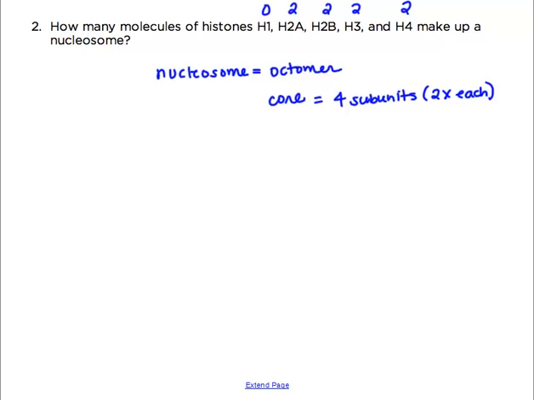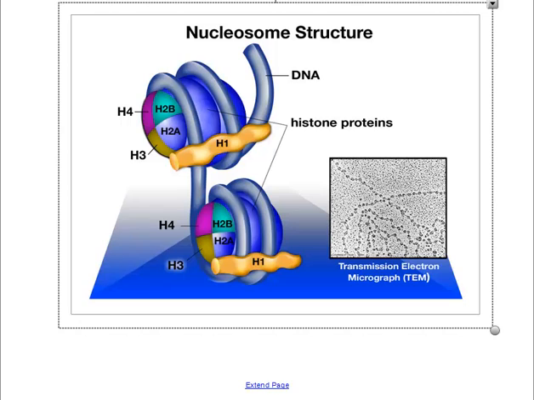So I pulled up the picture from the theory video, and if you see, this is the core nucleosome. So you have H2B, H2A, H4, and H3. Now H1 is holding together this core nucleosome, but it's not part of the actual octamer core. So that's why we are saying that there's no H1 in the core nucleosome.